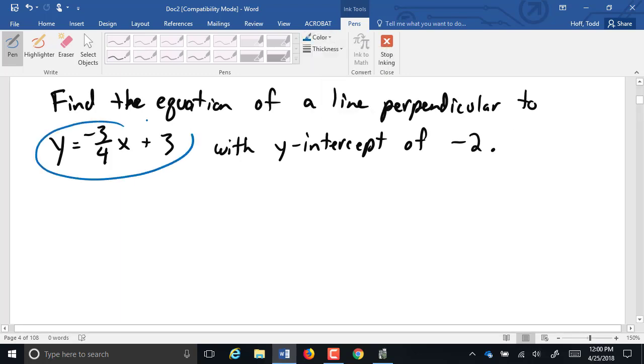So again, the only thing I need out of this equation is the slope. That's the number multiplying x. The slope there is a negative 3/4. Now I need to find the slope of the perpendicular line.